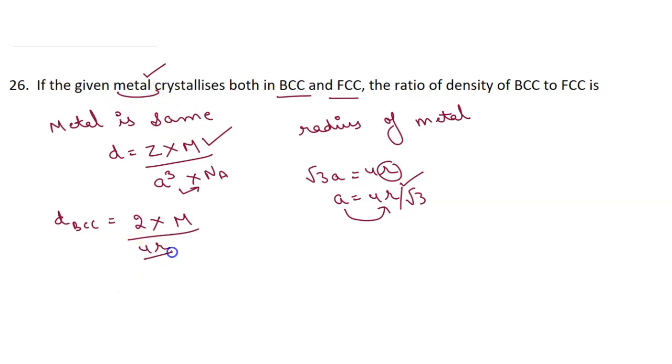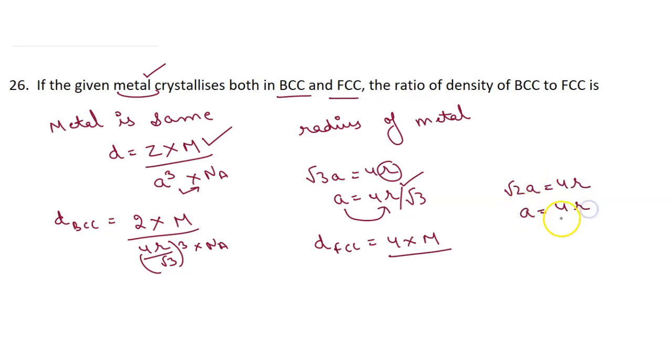So it's 4R by root 3 whole cube into N A. Similarly, if we calculate the density for face centered cubic, the total number of effective atoms in FCC is 4. 4 into molar mass of the metal, and the relation between edge length and radius is given by root 2 a, that is the face diagonal, is equal to 4R. So a in terms of R is written as 4R by root 2. So 4R by root 2 whole cube into N A.